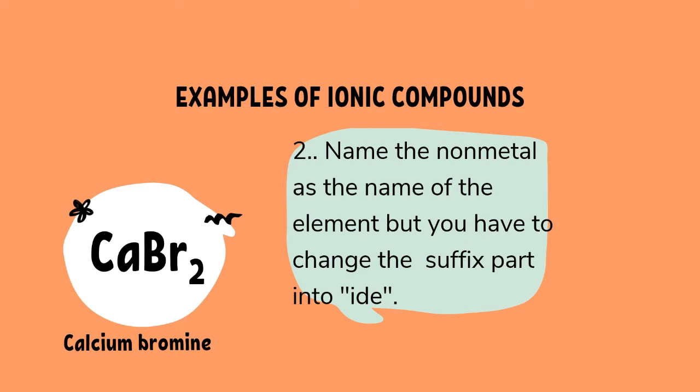When we say suffix, it means a word or a letter that we need to add at the end of the word. Since our second element is bromine, our non-metal, we change the suffix into IDE. So, instead of bromine, it becomes bromide. This ionic compound is called calcium bromide.